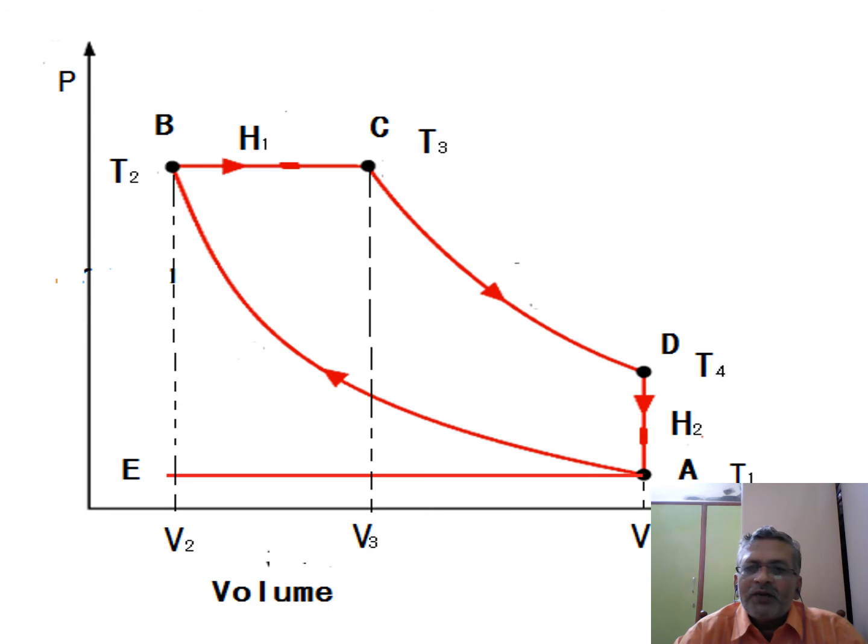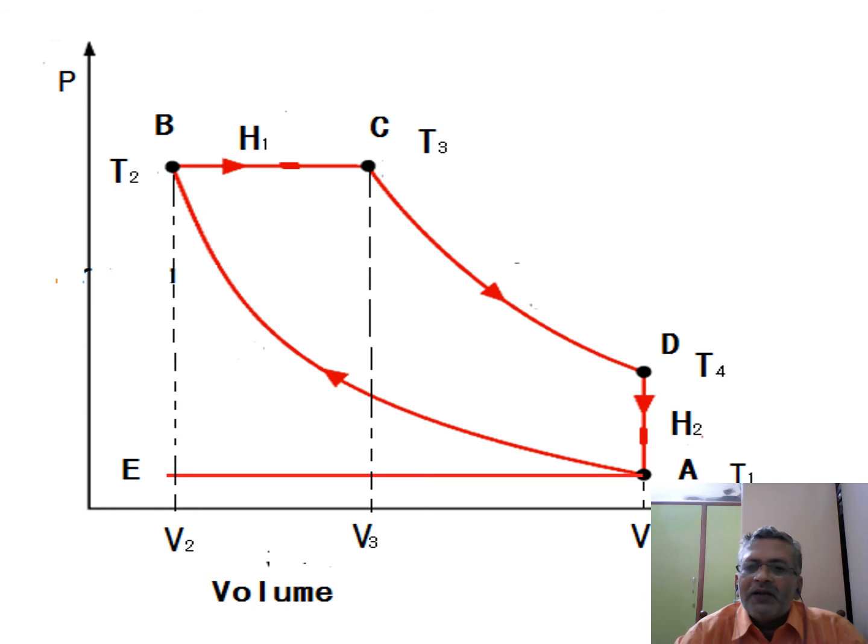In the case of the petrol engine, heat is absorbed at constant volume, but in the case of the diesel engine, heat is absorbed at constant pressure. And C to D represents the working stroke. Temperature falls from T3 to T4 and volume increases from V3 to V1.